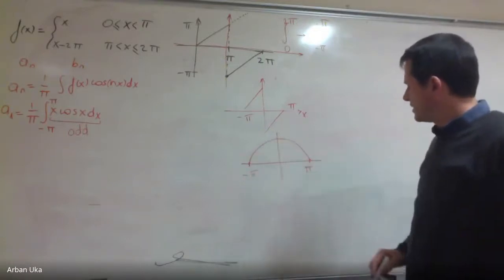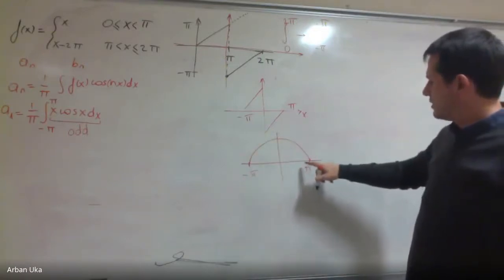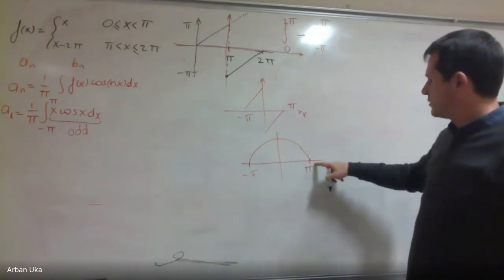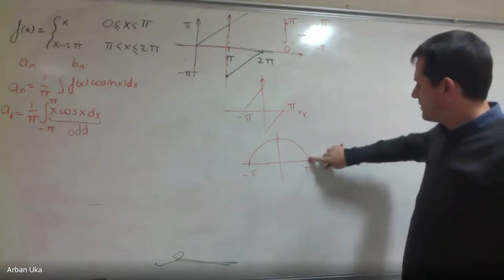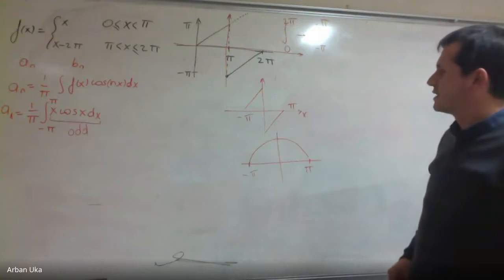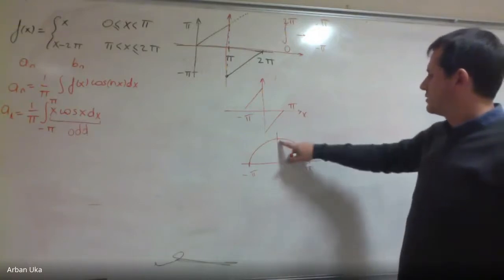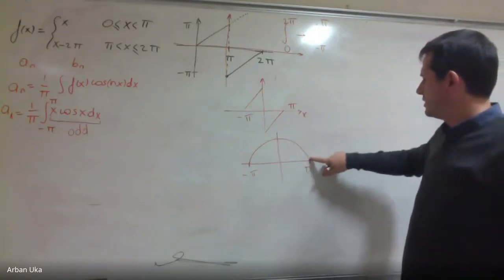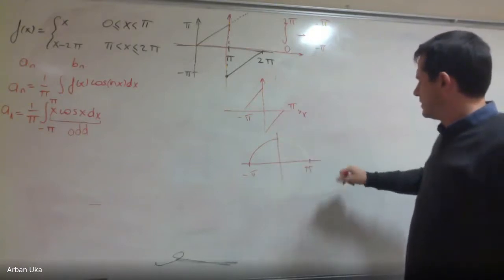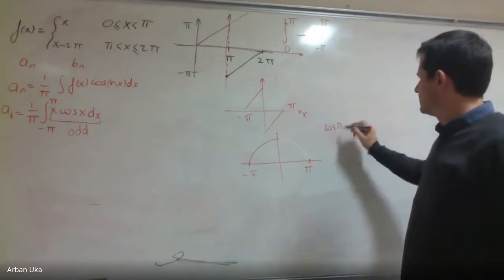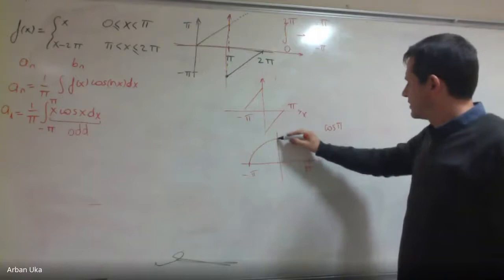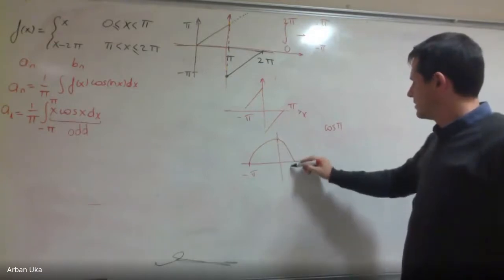I guess I'm right, okay, because cosine of 0 is equal to 1, cosine of pi is equal to minus 1, and cosine of pi over 2 is 0, so we're going to get something like this.